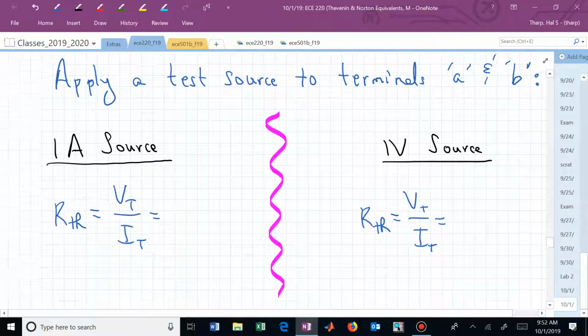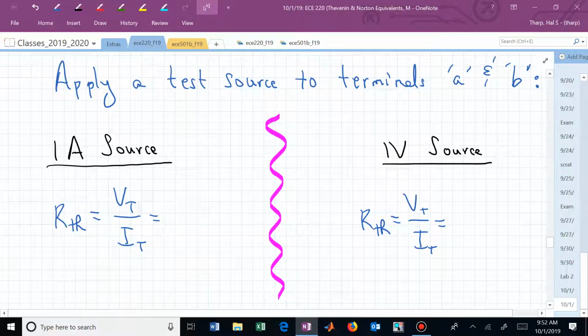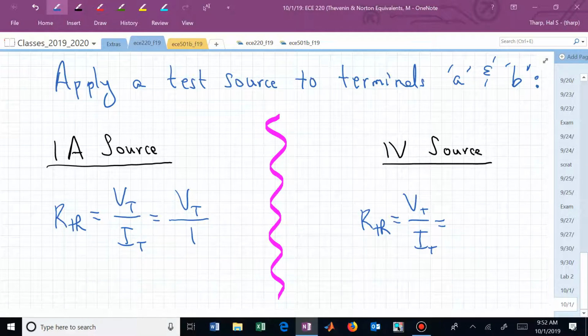The next thing we do is we apply a test source to terminals A and B, and we have the choice. We can either apply a 1 amp test source. That means then that our denominator is going to be 1. We would calculate the voltage across that 1 amp source and use that in our numerator expression for our Thevenin, and that would give us our Thevenin.